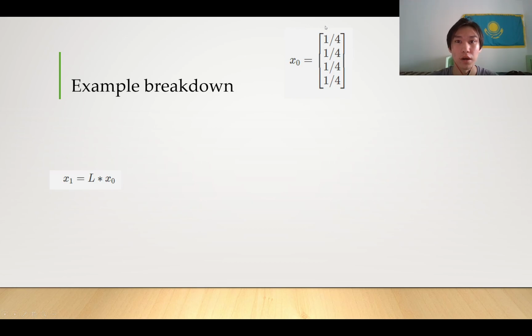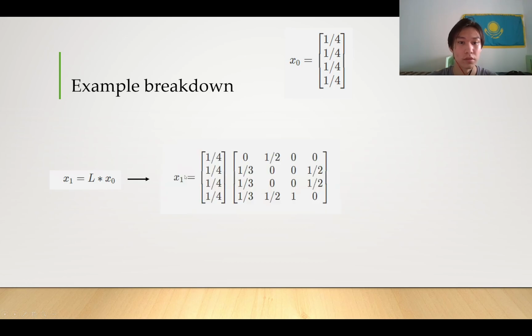So it is our x0 vector. And to find the probability distribution and the ranks of the web pages after one click, we apply this formula, and it looks something like this, and the result will be this.